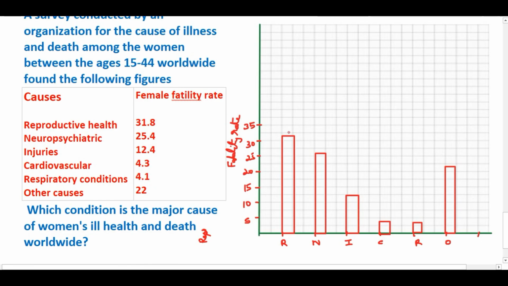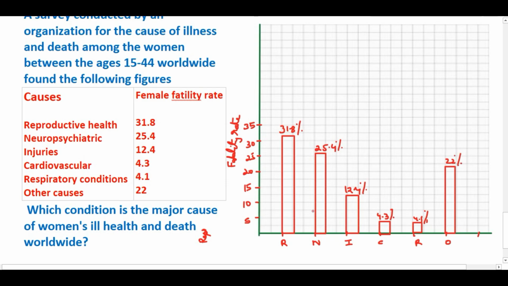So we can see here reproductive health is 31.8%. Then next is 25.4. Injuries it is 12.4%. Cardiovascular it is 4.3, and the other one is 4.1, and other causes 22%.